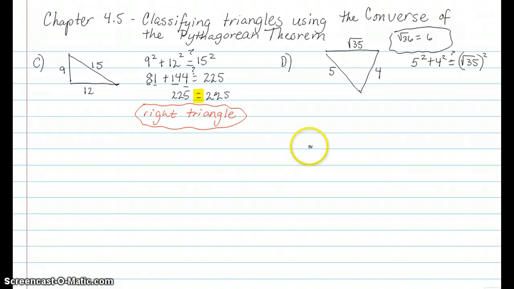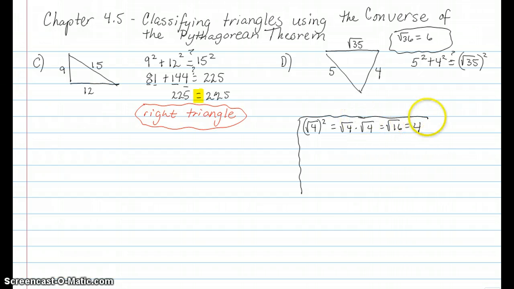But before we do that, let's come down and let's look at a little pattern here. So if I had the square root of 4 squared, that would equal the square root of 4 times the square root of 4, which equals the square root of 16, which equals 4. And what I'm hoping you're seeing is that there's the 4 right here, and here's a 4 right here.